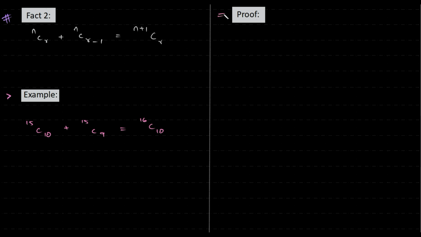Okay, so let's have a look at the proof. We'll start off with LHS. We have nCr plus nC(r-1). Again, we are substituting it into the formula. So this will look like n factorial divided by (n minus r) factorial into r factorial.